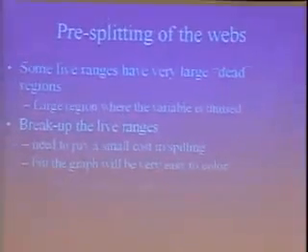You can mark them and say split these things, because I know I have these very large dead regions, and I know splitting this is better than anything else. Most of the time, breaking up will pay a very small cost, but on the other hand, you can make a graph that's much easier to color.